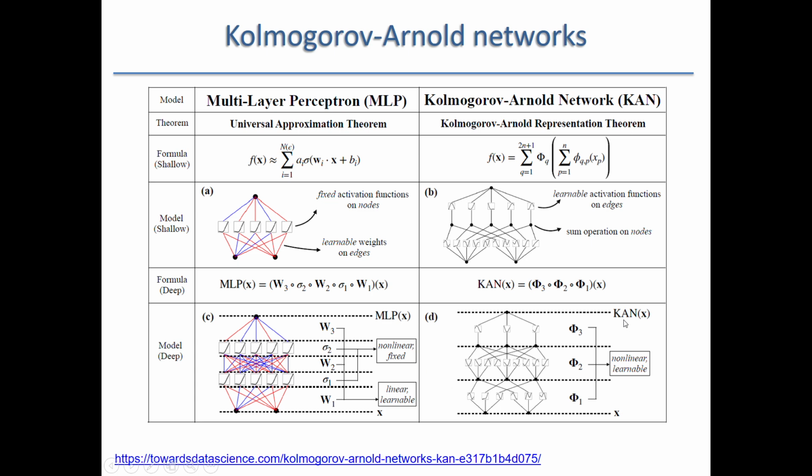In these Kolmogorov-Arnold networks, everything is learnable. This layer is learnable, including the activation function, and this one and this one. So everything is non-linear and learnable. It is more general than the multi-layer perceptron, but they have not taken over the multi-layer perceptron.